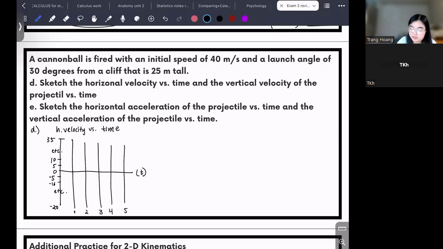I could just put the numbers here too, but I'm just going to do that. So this is going to be our vertical velocity versus time.